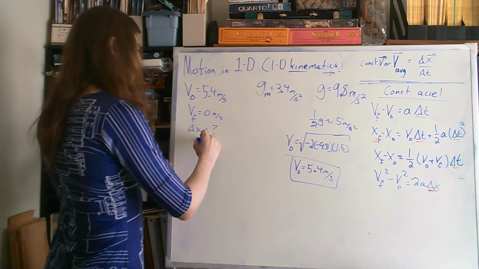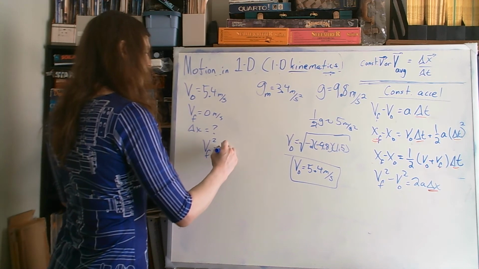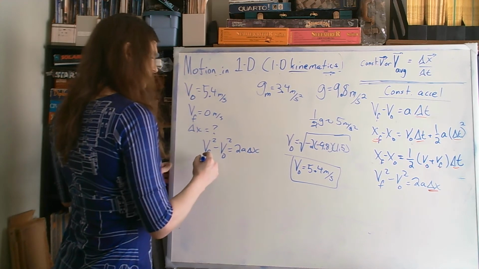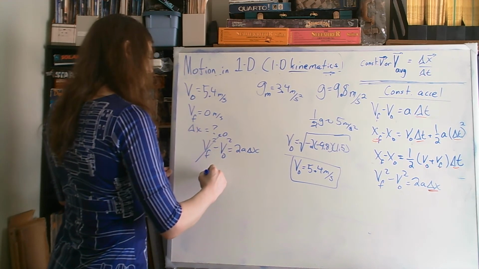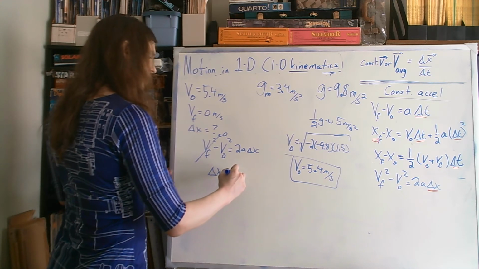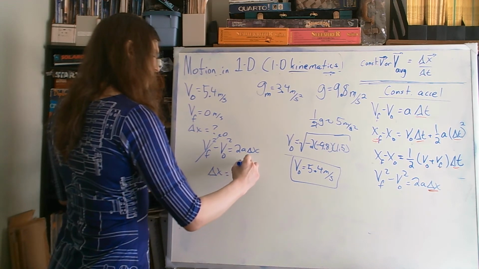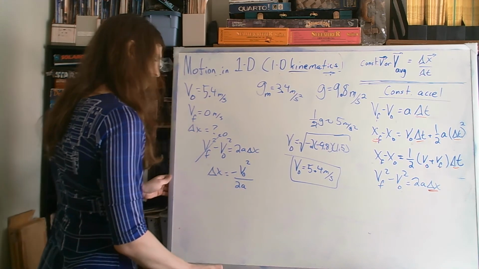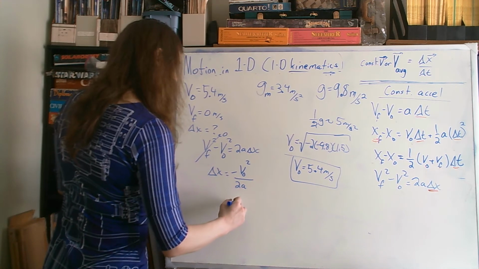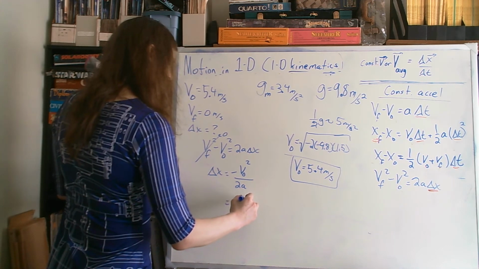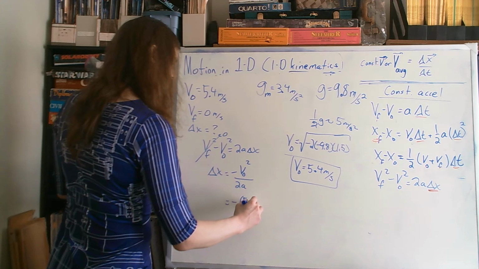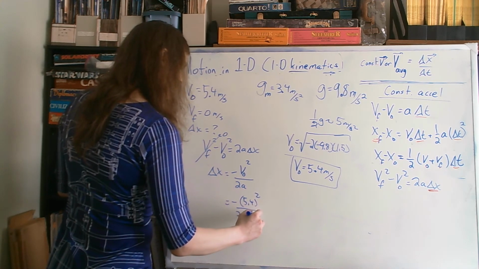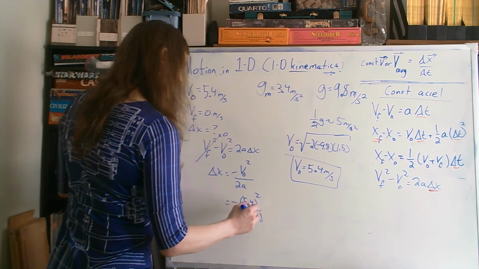That's v final squared minus v original squared is 2a delta x. v final squared is 0. Delta x is negative v0 squared over 2a. That's negative 5.4 squared over 2 times negative 3.4.